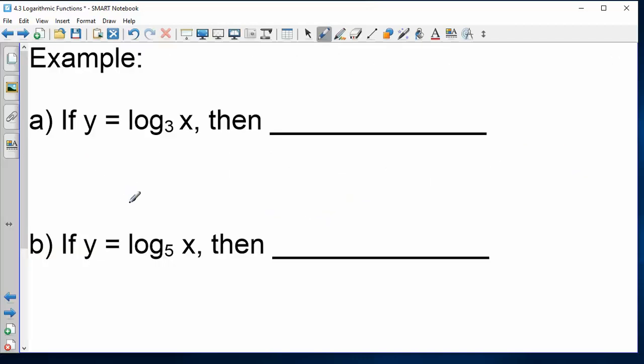So, for example, I just want to make sure we can write these definitions to start us off. If I rewrote this in exponential form, you always start with the base. The base of the log and the base of the exponential are the same thing. So my base of the log is 3, so I start there. So it's 3, go across the equal sign to the y power equals x.